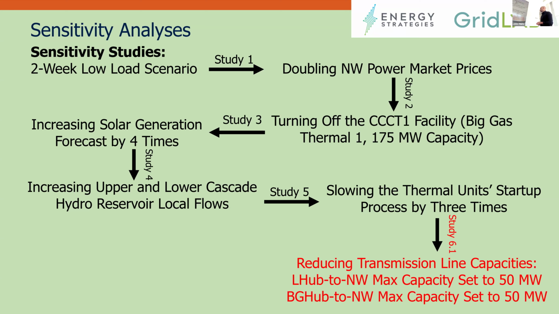The max capacity is set to 50 megawatts in this study. Originally it was more than the total capacity of the generators within each hub, so almost no constraints on the transmissions. But now it's 50 megawatts for both of the lines.